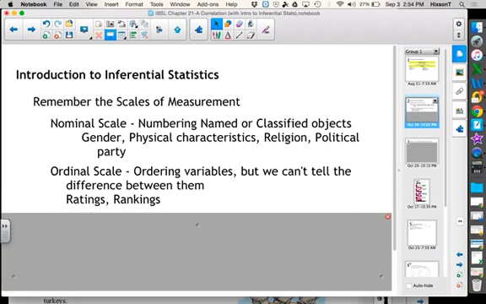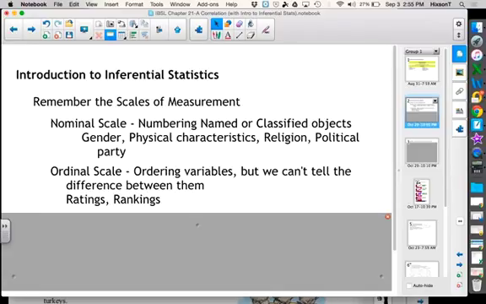Ordinal, we're talking about ordering things, either by ranking them or ratings as well. When you guys get IB scores, 1 through 7, those are ordinal scale values because there's not a consistent difference between someone who got a 1 and someone who got a 5.